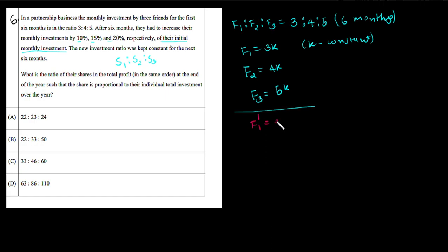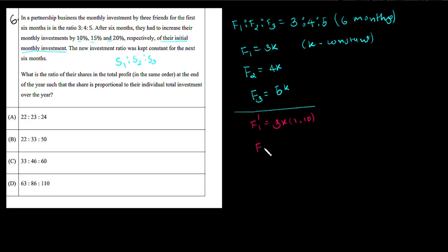This 3k amount is the initial amount for this first friend, and it has to increase by 10%. So I have to multiply this number with 1.10, and then it will give me this increased amount included in this initial amount.